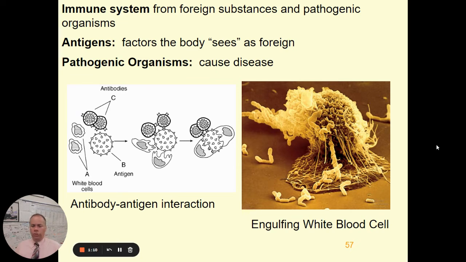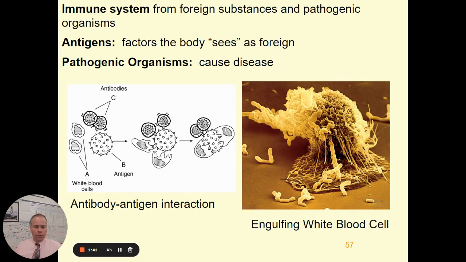And our immune system recognizes a foreign invader, a pathogen, by recognizing special proteins that are on the outside cell membrane or cell wall of these pathogens. We call those antigens. And these antigens, for example, in this virus are these little spikes that are all around the outside. Those are the antigens. And our immune system can recognize those antigens.